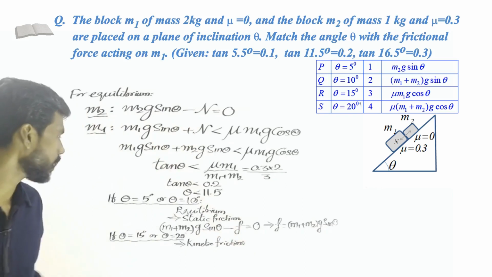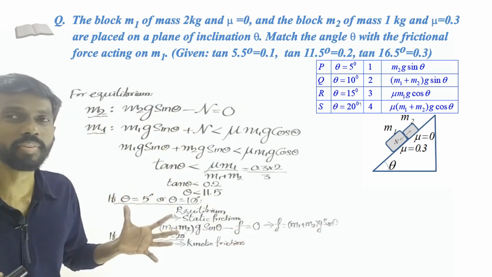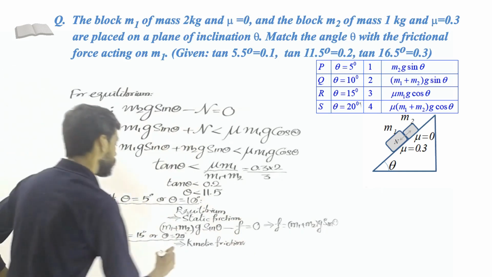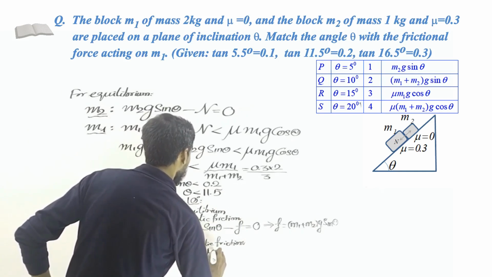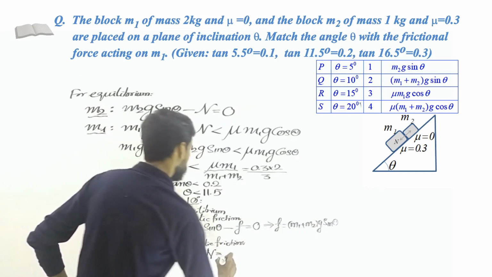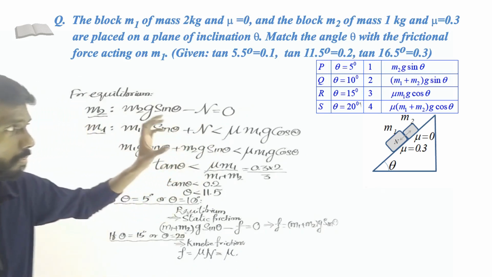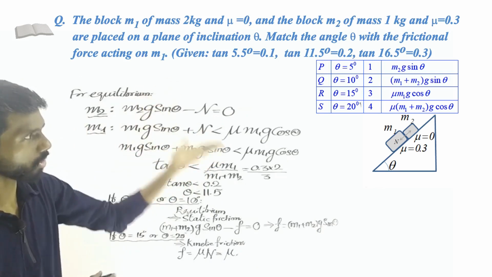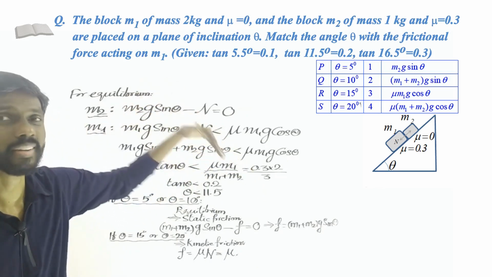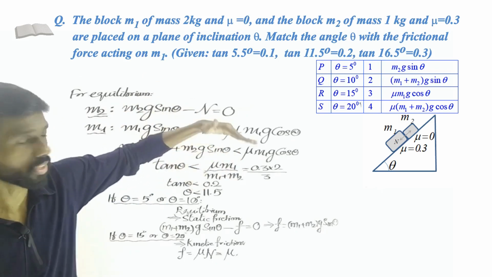So when theta is equal to 15 degrees or 20 degrees, the friction here is the kinetic friction, but kinetic friction has the direct formula, right? Yes. So the kinetic friction is mu multiplied by N, that's all. So what is N? The normal force between the block M1 and the surface. That normal force in the upward direction is balanced by the component of the gravitation force, M1 g cos theta.